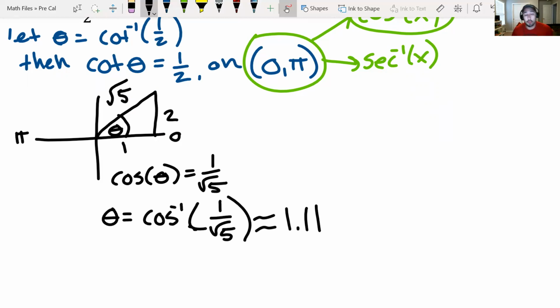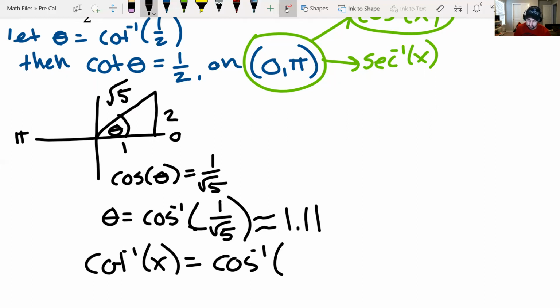Okay, well, with that being said, how do you make a formula for that? You really can't, right? Because we can't say, oh, the inverse cotangent of x is equal to the inverse cosine of x.